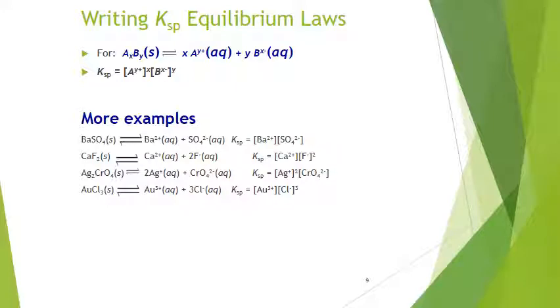All right. What we want to do is write Ksp's. And so what we have here are different equilibrium expressions, barium sulfate turning into barium 2 plus and sulfate, calcium fluoride, and so forth. We're going to write the equilibrium expression, which just looks at the product. So it's Ba 2 plus times SO4 2 minus.